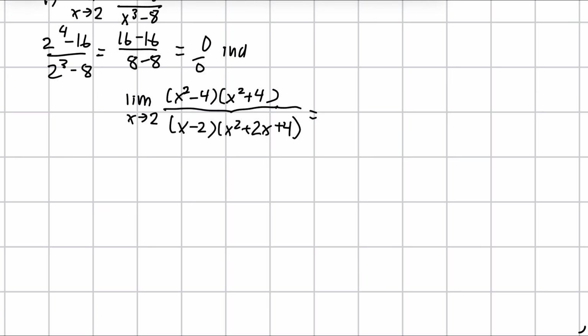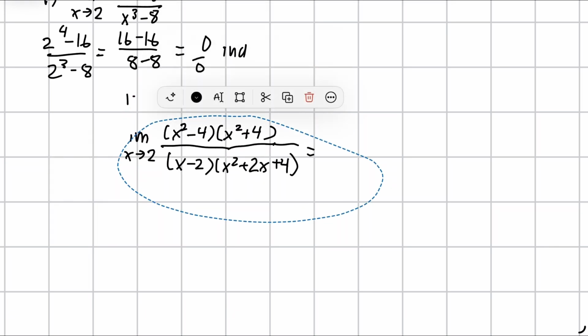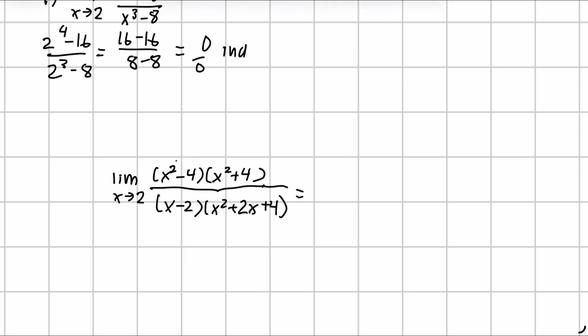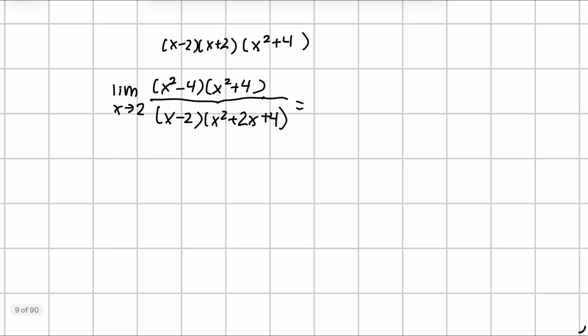So let's continue factoring this. Let's just write out the expanded forms on top. So for x squared minus 4, we can write that as x minus 2, x plus 2, and then we can actually leave that x squared plus 4 up here. Now in the denominator, we can just leave it like that.